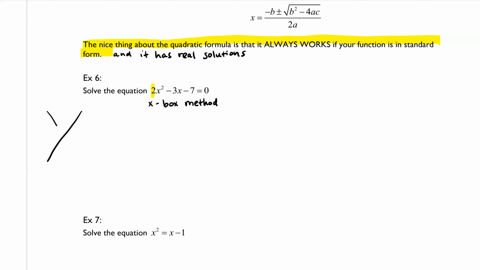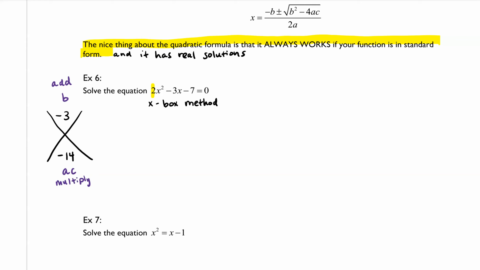So let's go ahead and make our x. On the top portion of our x, we want to put our b value, which is -3. And then on the bottom portion of our x, we would put whatever a times c is. So 2 times -7 is -14. Again, here we would put b, here we would put a times c, and we would want to find two numbers that add to b and multiply to a times c.